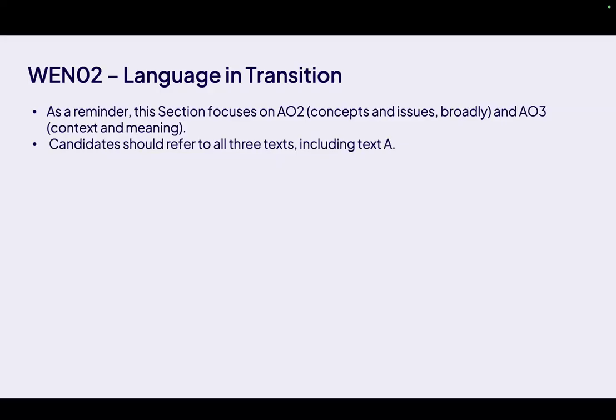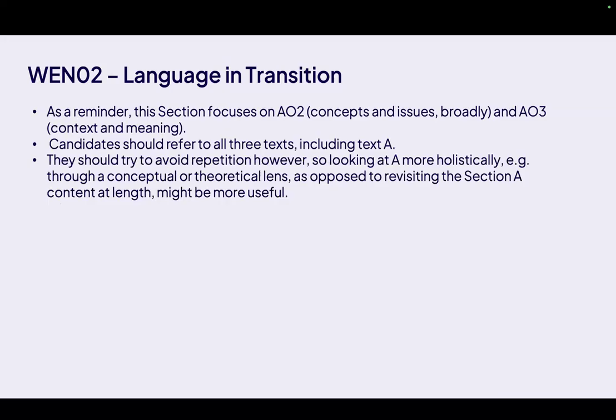I've said it three times because it's really important. They should try to avoid repetition. It's wasting time in their responses. So looking at A more holistically through a conceptual or theoretical lens, as opposed to revisiting section A content at length.